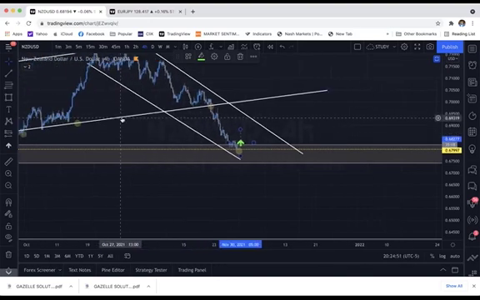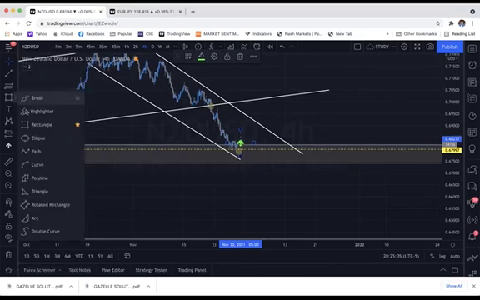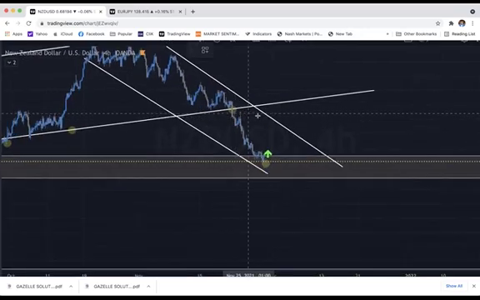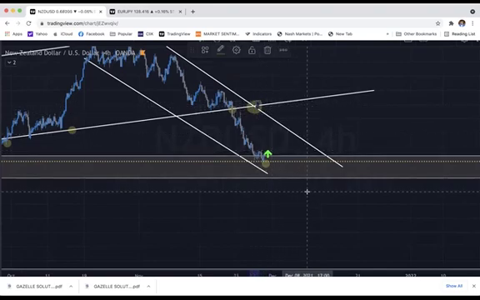I believe what it's going to do, this that it just broke, it's likely going to come up to this apex where they cross, and it's going to retest. Of course, we all know this is probability, right? It should come back up to this area and retest this level before continuing down. Anybody else have any other theories? That's just mine.